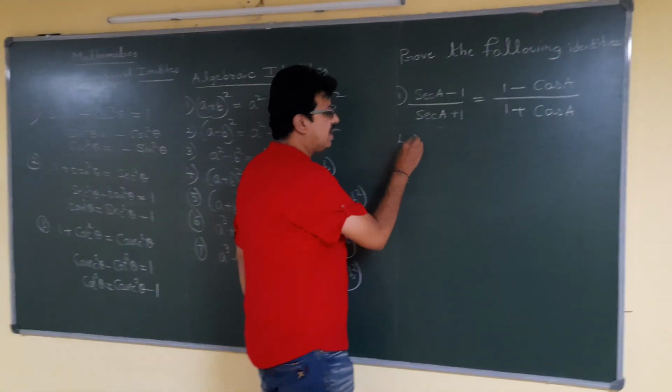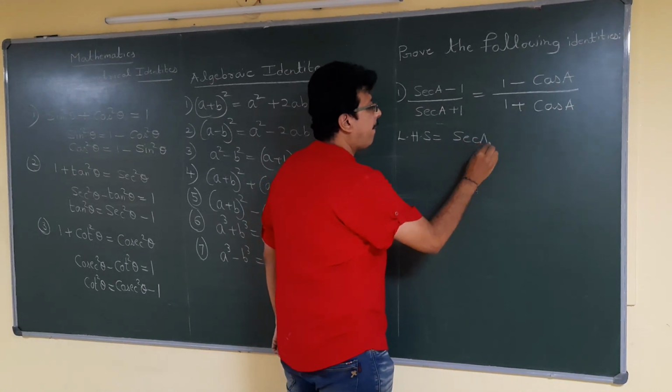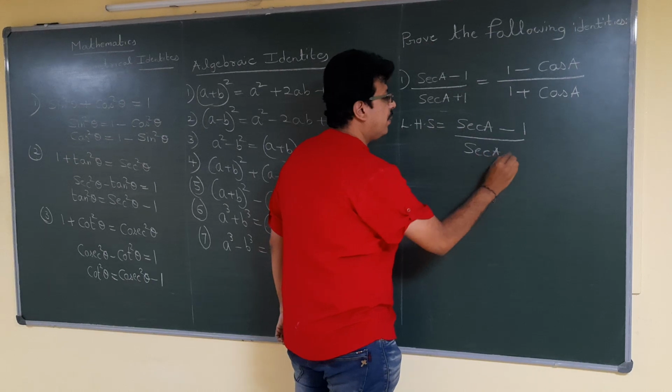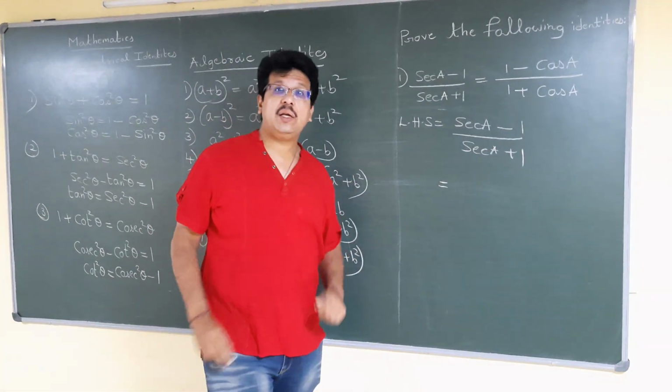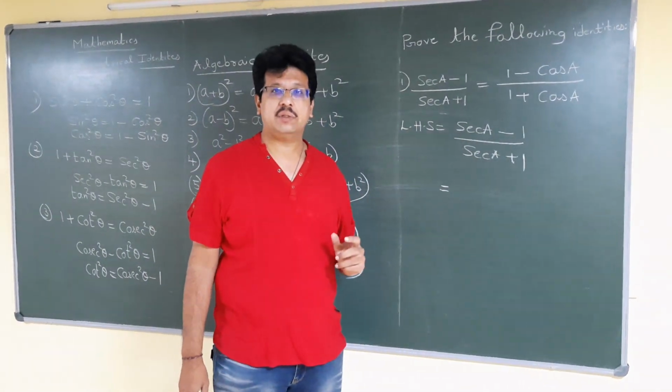So LHS, left hand side, secant A minus 1 by secant A plus 1. I am taking the left hand side, children. So all of you should be very clear about the reciprocal relations. That's very important.